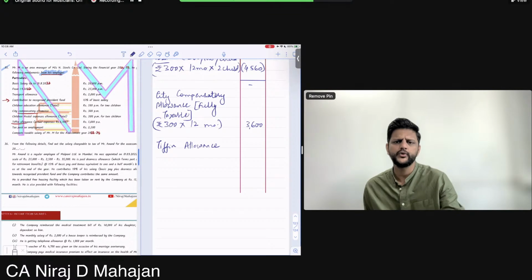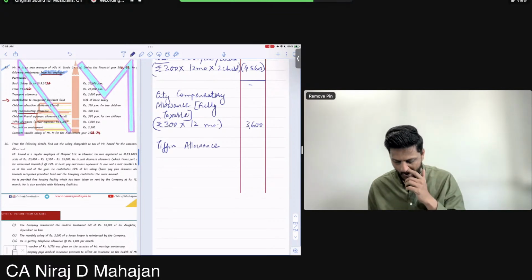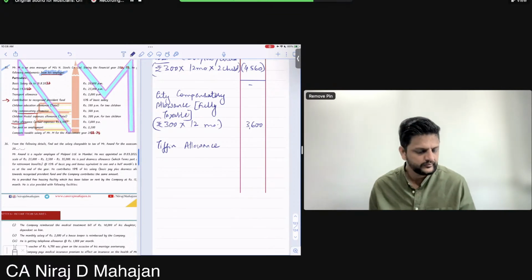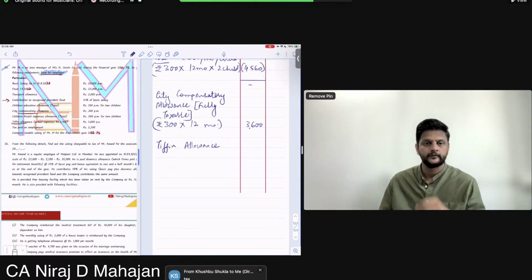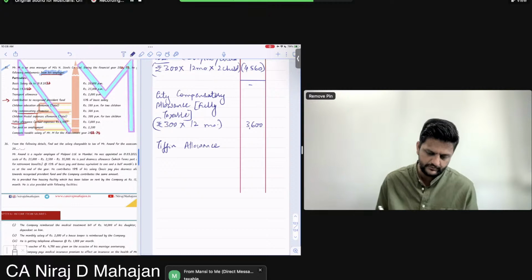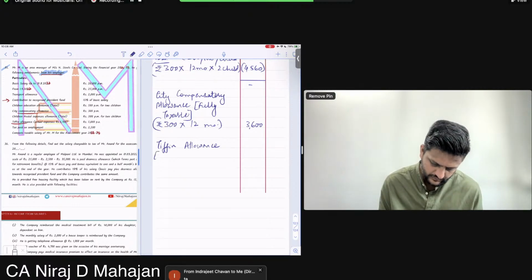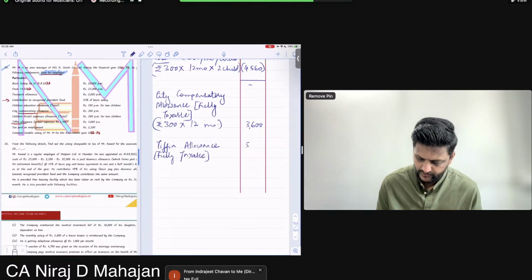Tiffin allowance, anything is given to you, depends on actual expenditure or fully taxable. Allowance it is. Fully taxable. And it's 5,000 for the year.